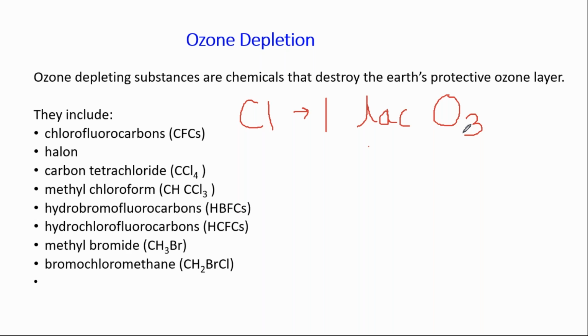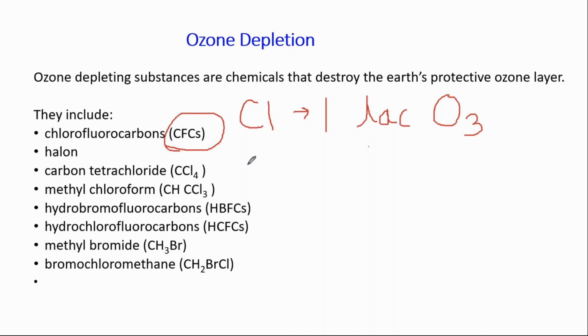That is why these chlorinated products or CFCs are banned nowadays in refrigeration and other systems also.